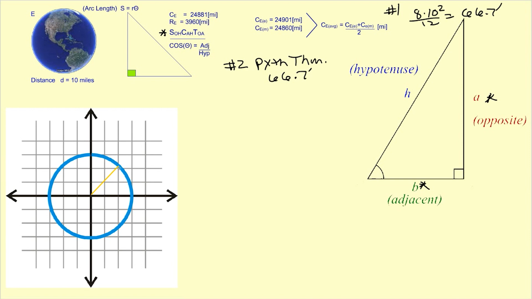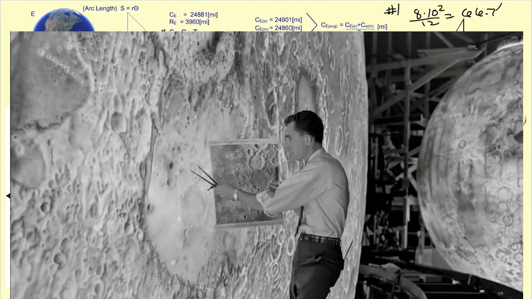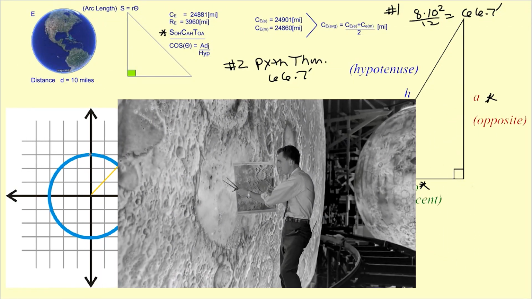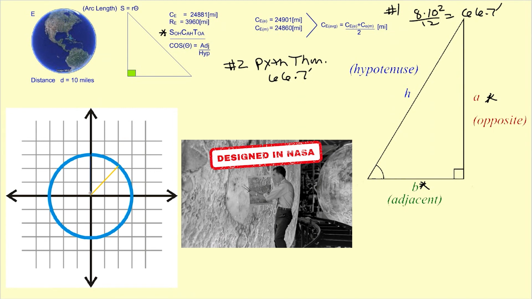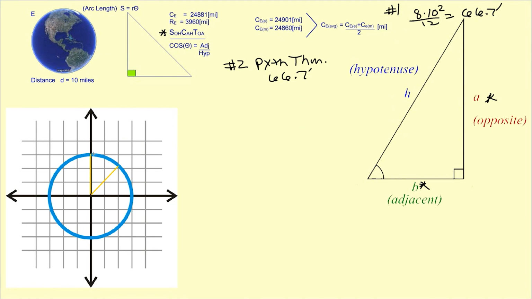That's thousands of miles, because 10 miles would be so small you couldn't even see it on this scale, because Earth is so big, especially in the middle of space. Looking at it from the moon, wow, what a sight. So, he walked 10 miles. He traversed the Earth 10 miles.